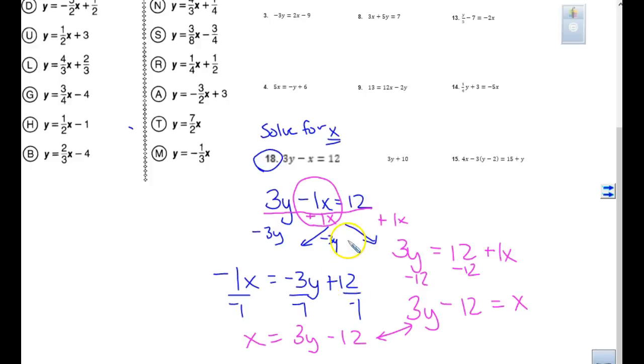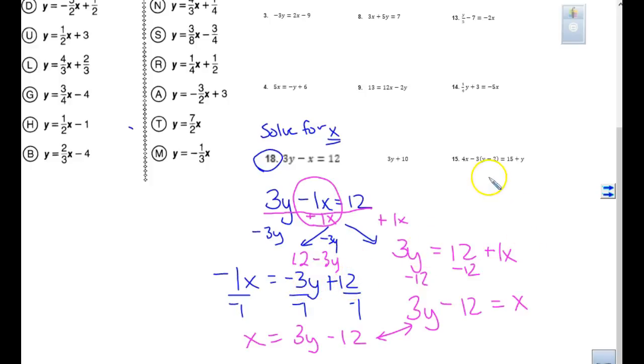But what if you did it the way where you're trying to get rid of the 3y, x on one side, and then you made it 12 minus 3y? That's the same thing as negative 3y plus 12. Same. I just put the 12 second and put the y first. It's the same.